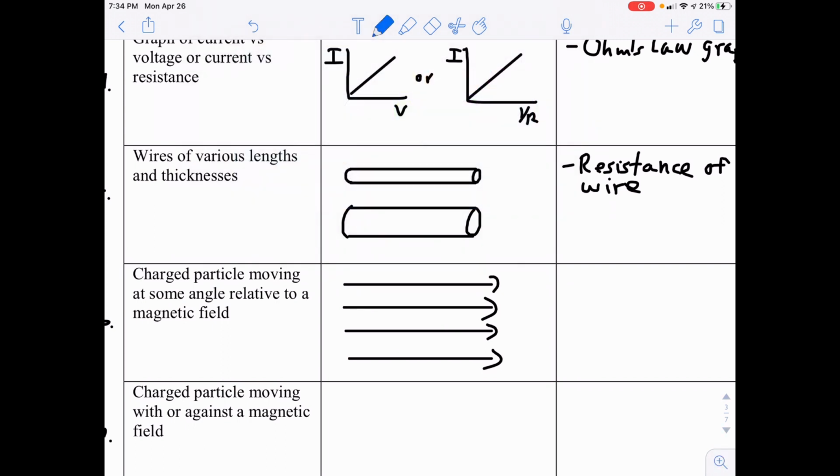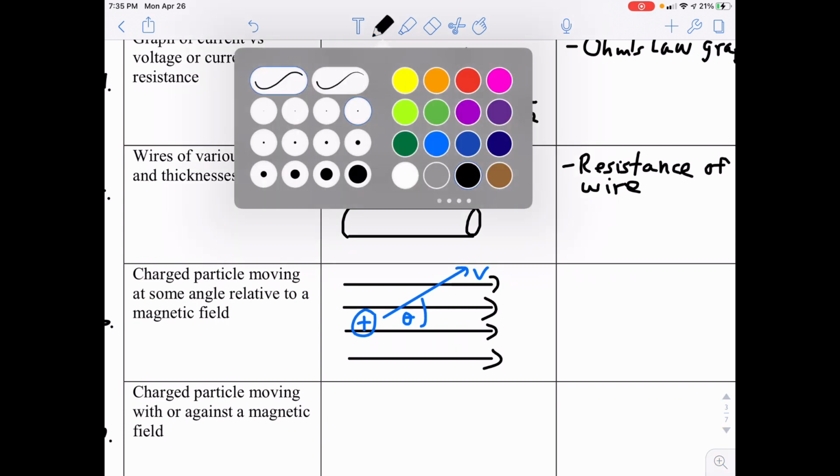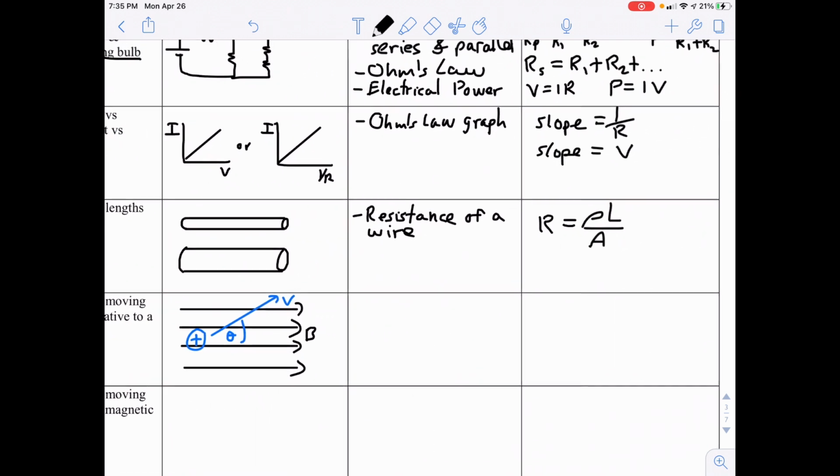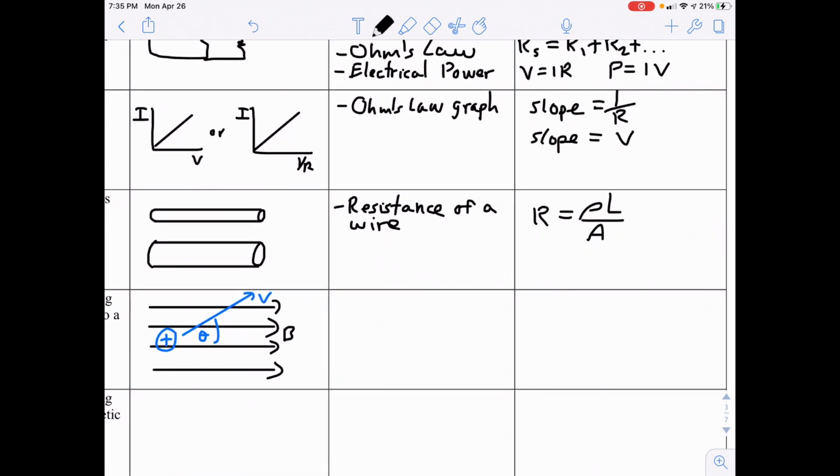And let's say we had some charged particle moving at some speed this way right here, where this represents the angle between the motion and the field. There's two concepts that are going to come to mind when doing problems like this. One, this is the magnetic force. Magnetic force on a charge, on a moving charge.